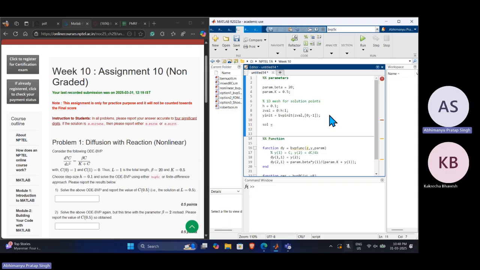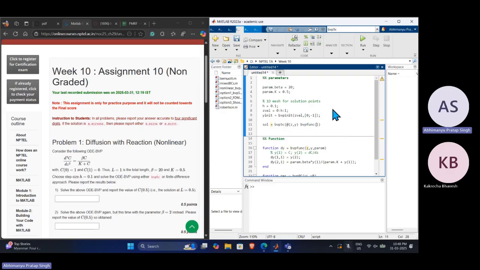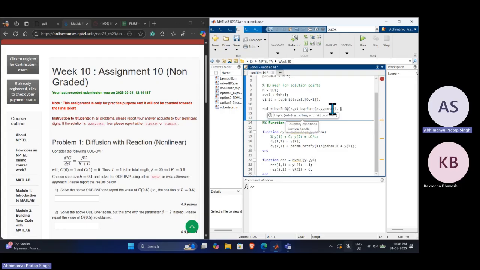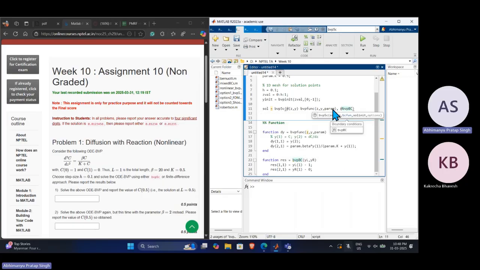So now we'll just write the syntax for BVP. ODE function, z comma y, function, parameter. Next one is the boundary condition function, so that would be BVP BC.